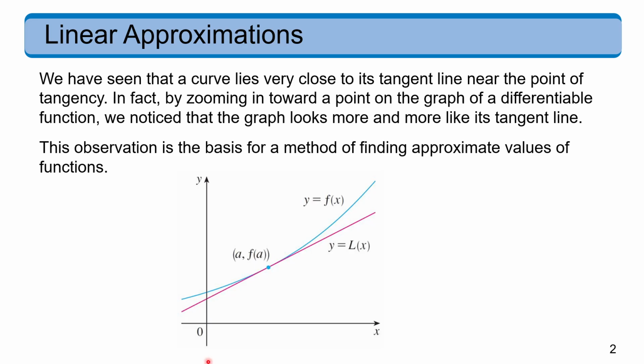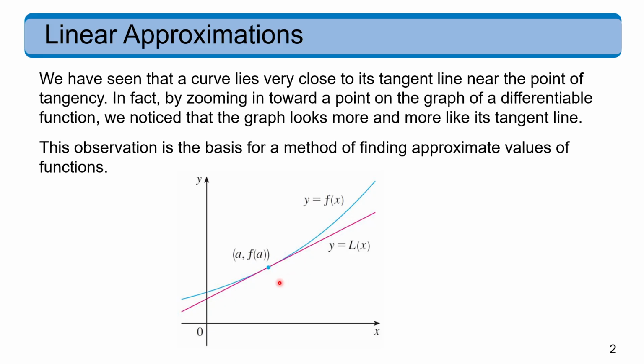And that is, if you have a graph of your function, say here, this blue curve is the graph of f of x, and you pick a point, this point has x coordinate a, right? And you create the tangent line at that point, that as long as you stay near this point, the tangent line is almost the same as the graph of f in blue.